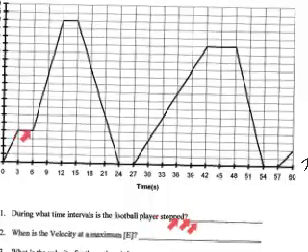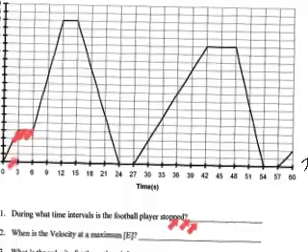For instance, right here, you see this plateau, this flat line. So that means that distance is not being accumulated, but time is being accumulated. So we're going to identify the time intervals in which the football player is being stopped.